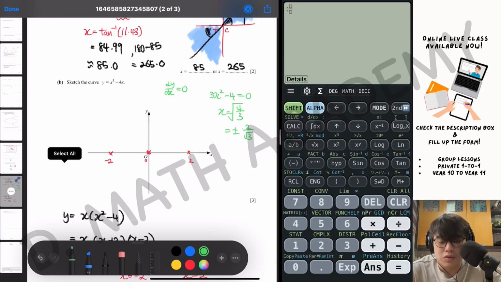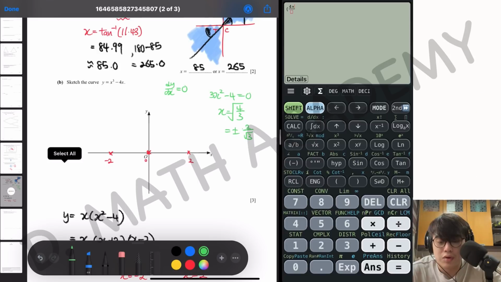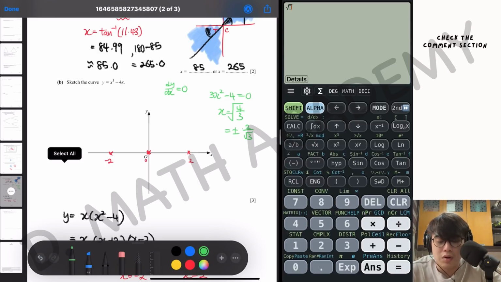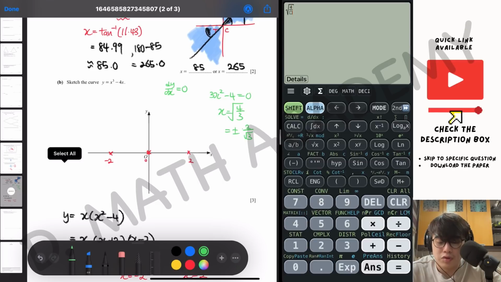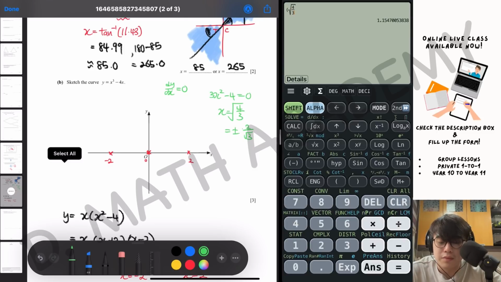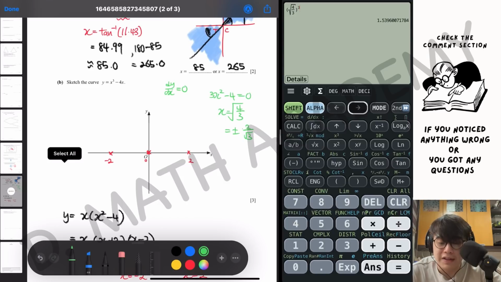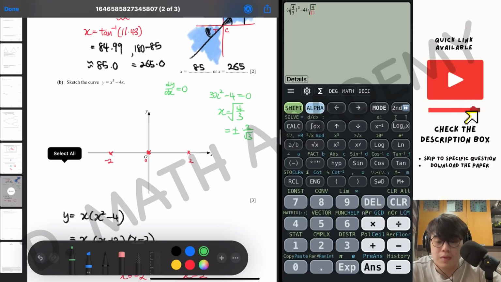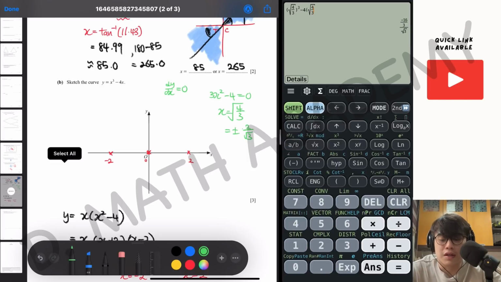Okay, so roughly plug it into the equation. So let's say your square root of 4 over 3, this result being cubed, minus 4x. Then you get a negative result.